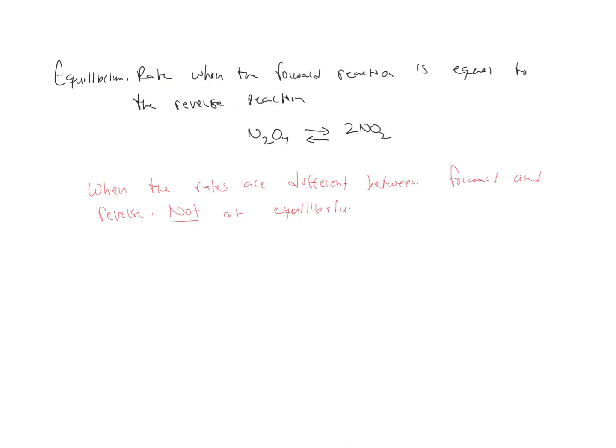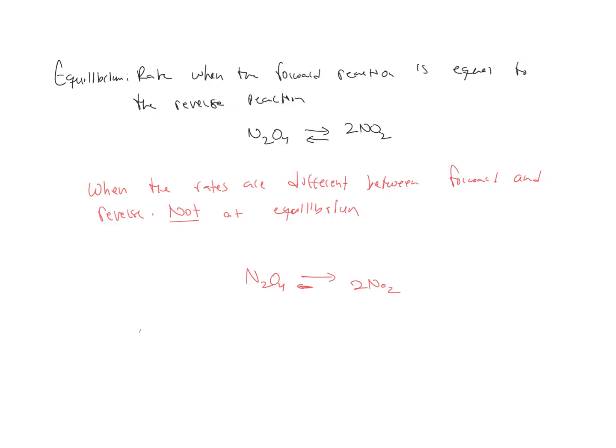So at any point in time, let's say I have that same reaction, N2O4 makes 2NO2, there could be a point in time in which the reverse reaction is much smaller than that forward reaction. And the way we represent it is with a smaller arrow, just like that. And so when they're not at the same rate, what that's basically saying is that they are not at equilibrium.